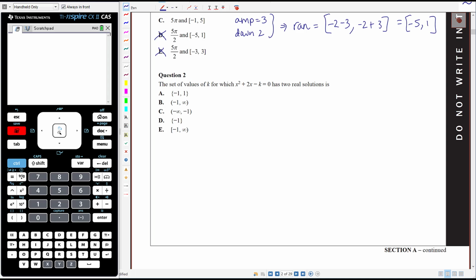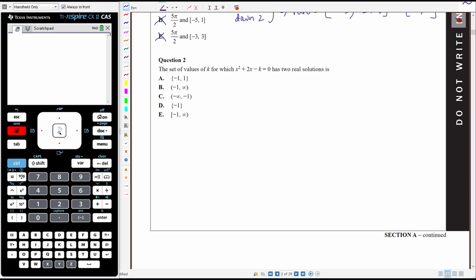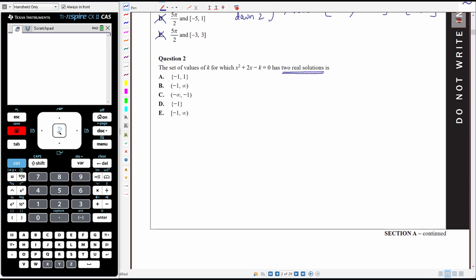Okay, question 2. The set of values of k for which x squared plus 2x minus k equals 0 has 2 real solutions. Okay, so it's a quadratic function and we're interested in the number of solutions, 2 real solutions, discriminant bigger than 0. Okay, so discriminant in this case is, well, in every case, is b squared minus 4ac.